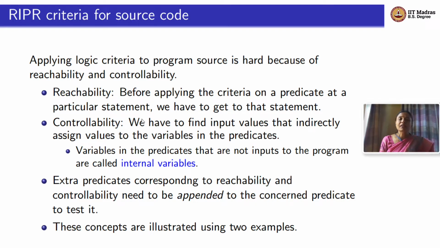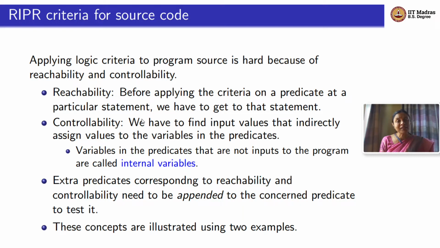The next is, once I've reached the statements, I need to be able to do my clause coverage, correlated active clause coverage, inactive clause coverage. So I need to find test inputs that will be able to exercise different logical coverage criteria on these predicates. So that is controllability.